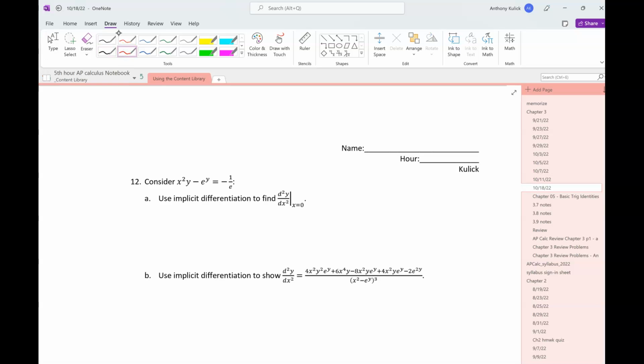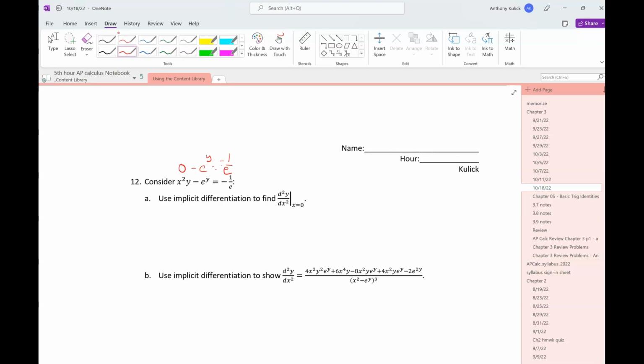So it says use implicit differentiation to find the second derivative evaluated when x is equal to 0. So I would start here by just figuring out what y is when x is 0. If I do that, that piece zeroes out. So I have that.